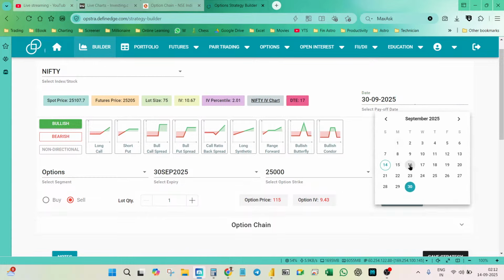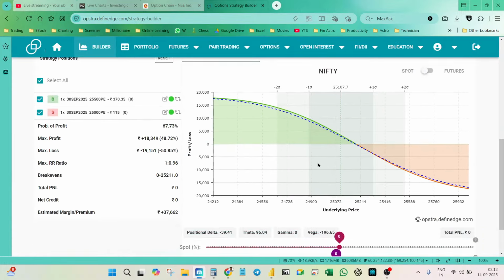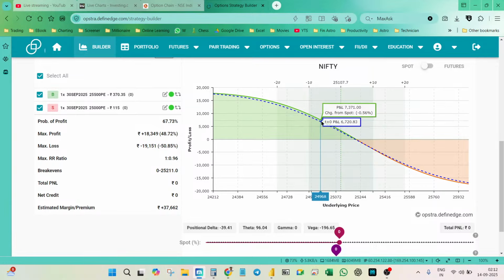By 16 September, the expiry date, let us see what will happen. When Nifty comes to 25,000, roughly around this place, you should see roughly 7,000 profit on one lot. So this is the way you do it.